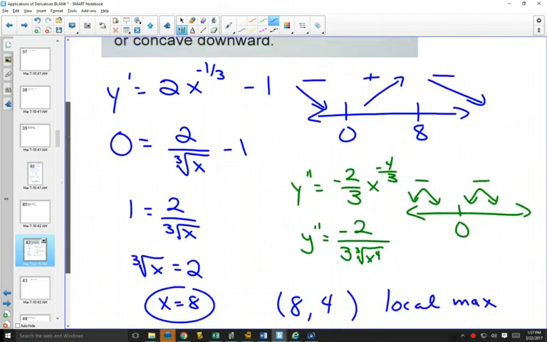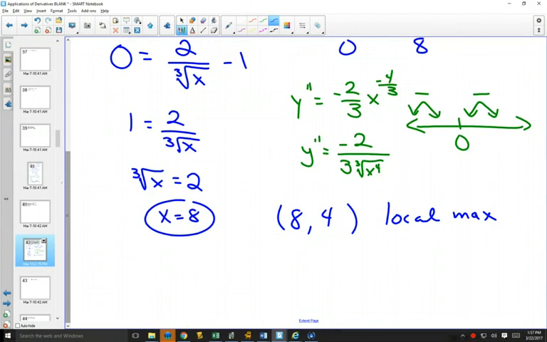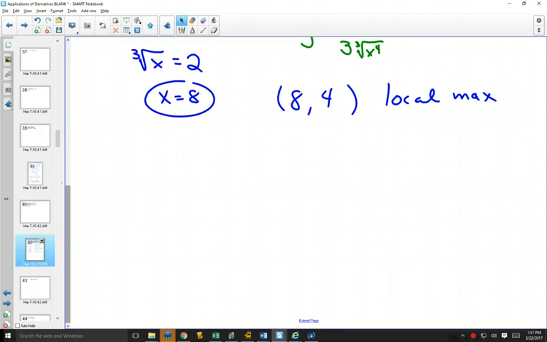So how do we go about graphing this completely? Oh, the other thing that I want to solve for are our x-intercepts.